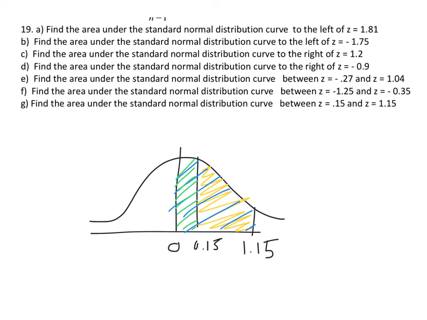What I'm doing every time is actually drawing out the picture, seeing what it looks like, and using the spatial relationships of how the different things relate to each other to figure out what I need to do, whether I need to add, whether I need to subtract, whether I need to use 0.5 or not. Just keeping in mind that everything that you look up on the table just gives you an area between z of 0 and another z. So with that in mind, let's go look up our 0.15 and our 1.15.